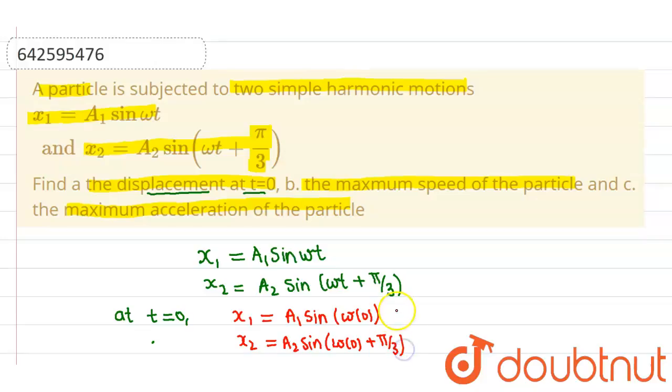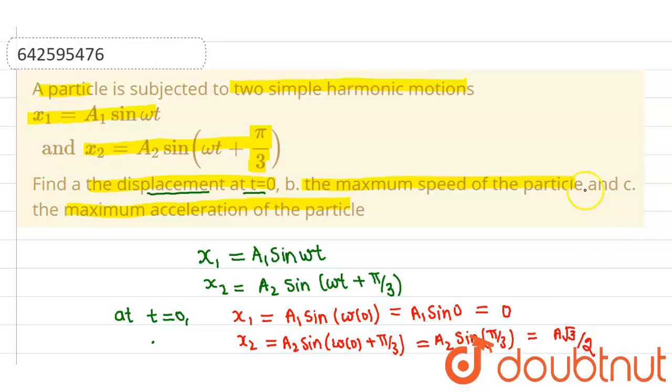Now this becomes a1 sine 0, and the second becomes a2 sine pi by 3. As we know that sine 0 is 0, the displacement of x1 at t equals 0 is 0, and the displacement of x2 at t equals 0 is a2 sine pi by 3, which comes out to be a root 3 by 2.